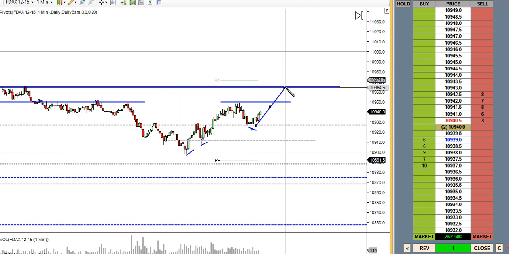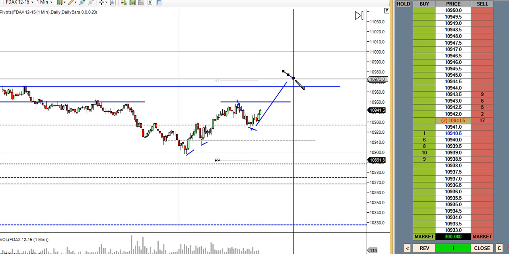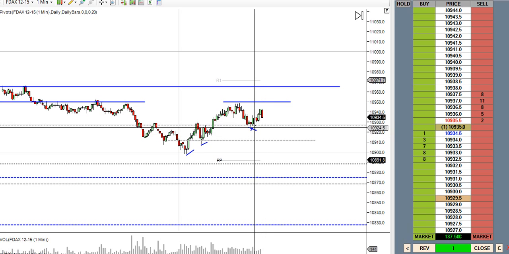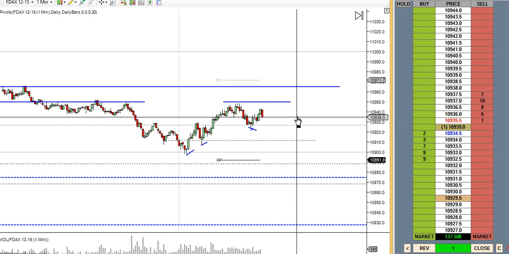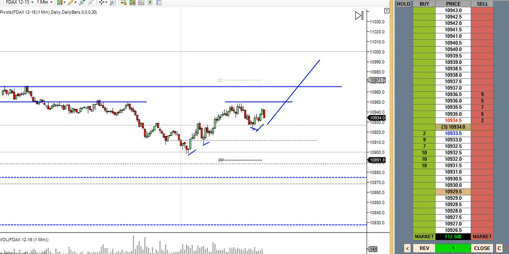So we can have a good probability, if the previous high breaks out, for the price to go up here or even higher at 11,000. So SPY is still selling off. This is kind of a liquidation trade, which means that somebody is booking profits because it's just going straight down with no pullbacks or reversals. But this is not the case for DAX. So if SPY finds support, again DAX is gonna hold this level and go higher.